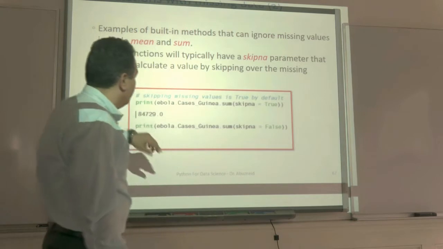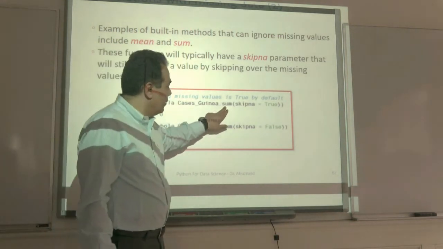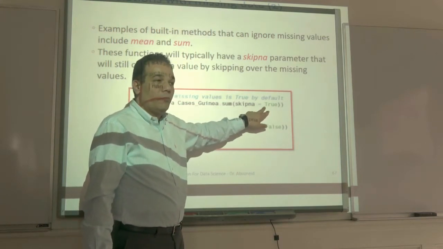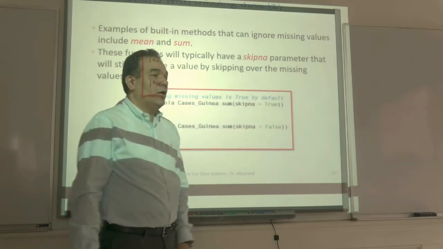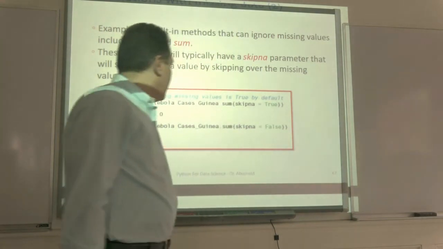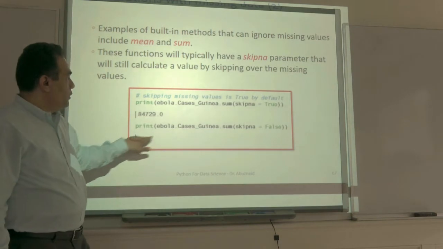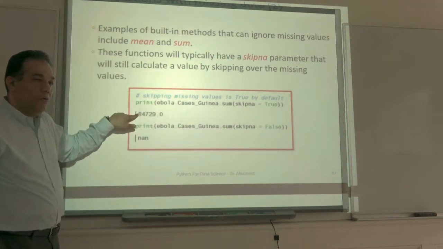For example, Ebola sum: you do the sum and set skip missing values to true. You just don't add them. If you set it to false, it will give you none. But if you say skip not applicable, it adds them for you.